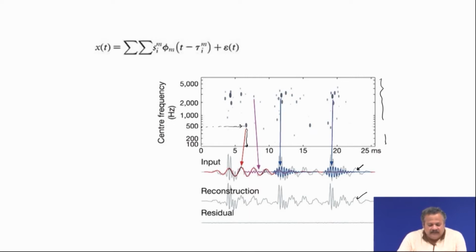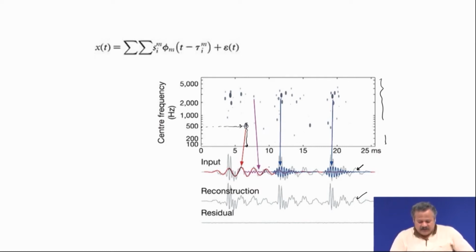The size of that SIM is represented by the size of this mark representing the presence of that acoustic feature at that particular time point. So a few representative kernels are shown as part of the original signal.